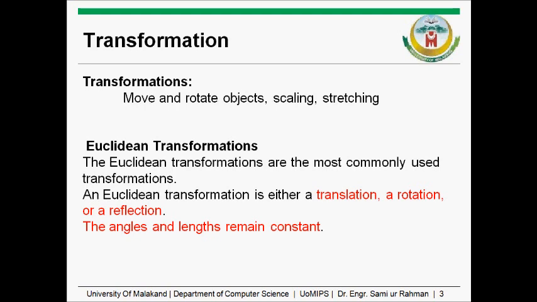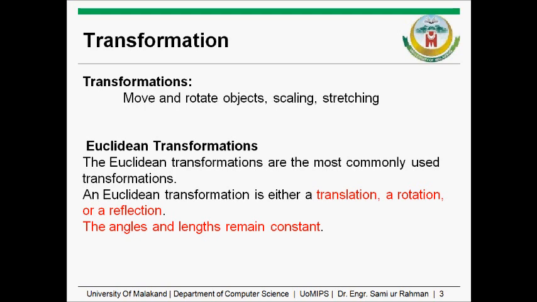In Euclidean transformation, the important point is that these angles and lengths remain constant. Okay, so you should note this point. This is important when you do rotation.